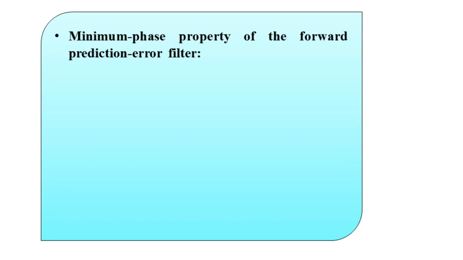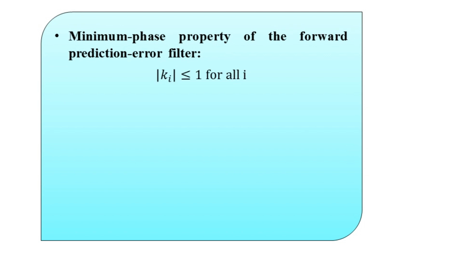Now, as we have already covered in our previous topics, the reflection coefficients are basically the correlation coefficients, and the magnitude of the reflection coefficients is always less than or equal to 1 for all values of i, so k suffix i.